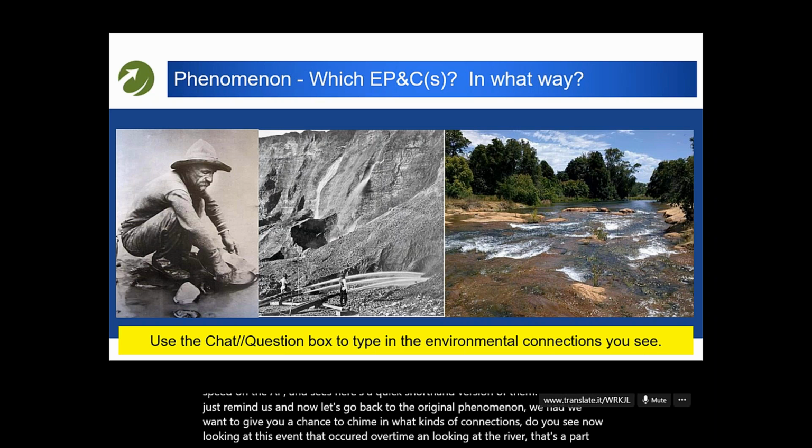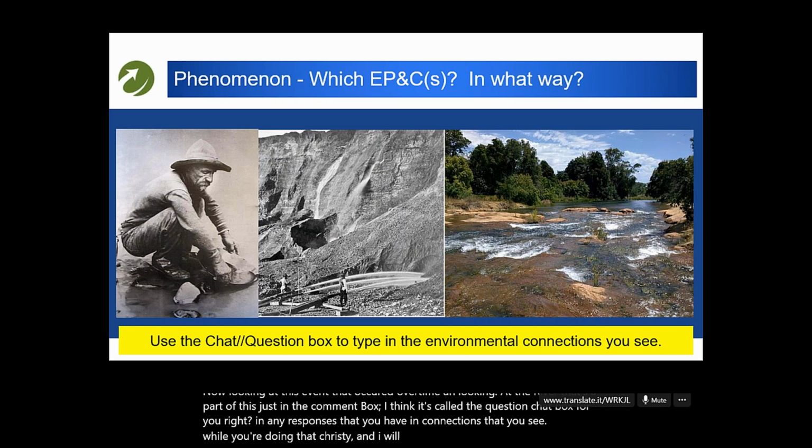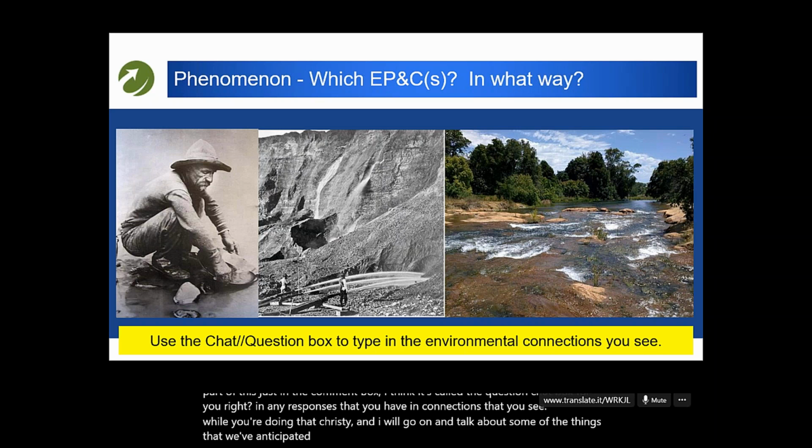Just in the comment box, I think it's called the question chat box for you, write in any responses that you have and connections that you see. While you're doing that, Christy and I will go on and talk about some of the things that we've anticipated some people might see, and then as we see your comments come up, we will speak about them too.